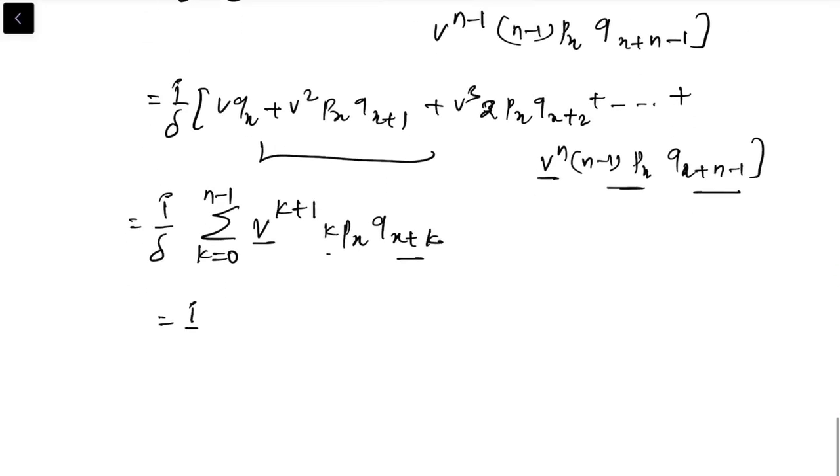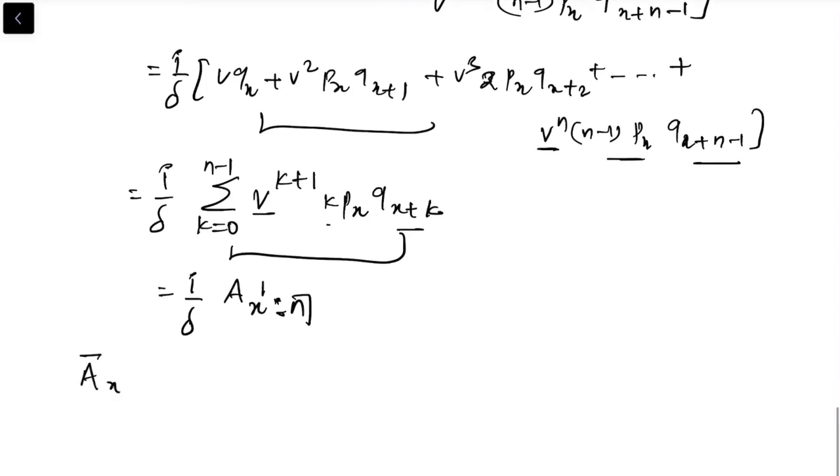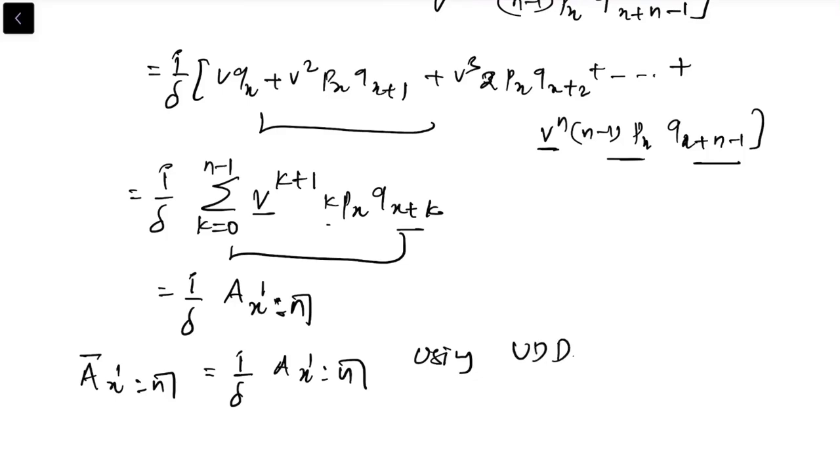So now i over δ, now this summation is nothing but A¹_x:n, if you remember from the previous video. Okay, so we have proved ā¹_x:n is nothing but i over δ times A¹_x:n using the UDD assumption.